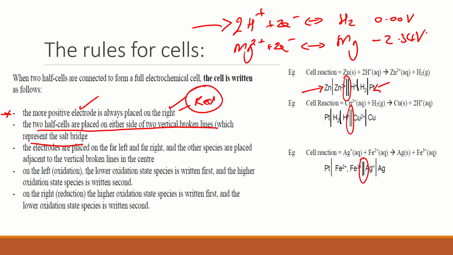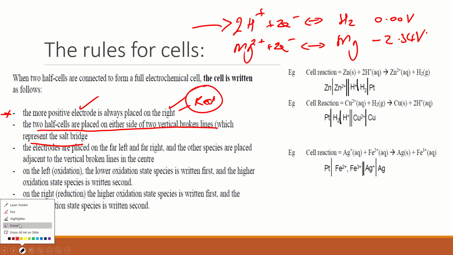On the left hand side, this is the oxidation side. On the left hand side, the lower oxidation state species is written first. Let me just tidy this up a little bit for us. In this one here, it doesn't matter, there is no lower oxidation state species apart from the electrode.